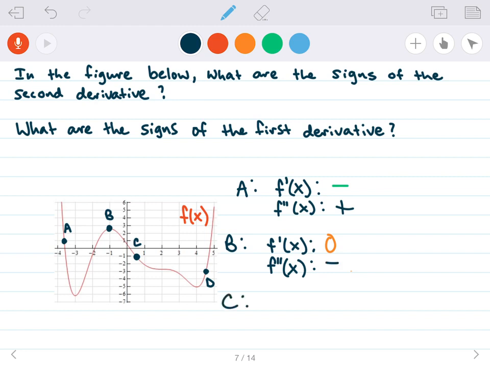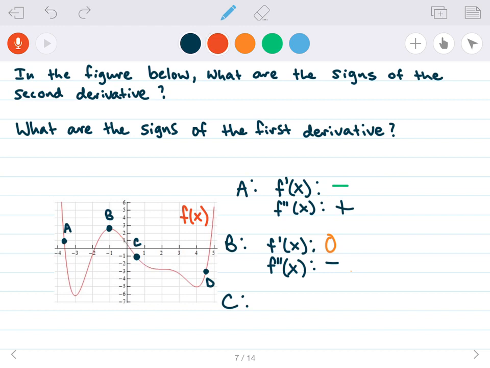What about C? Well, it looks like C is an inflection point. I'm just going to guess that C is an inflection point because it looks like it's going from concave down right here to concave up right here. And so I'm going to say C is an inflection point.